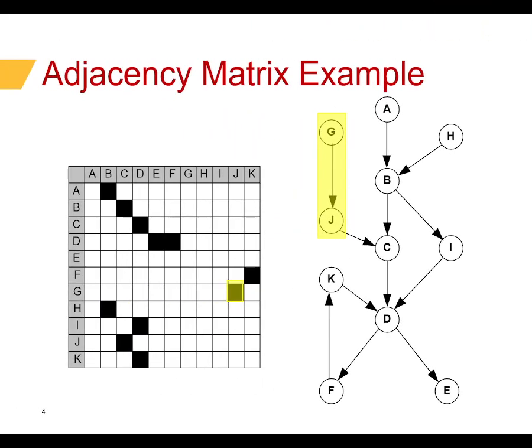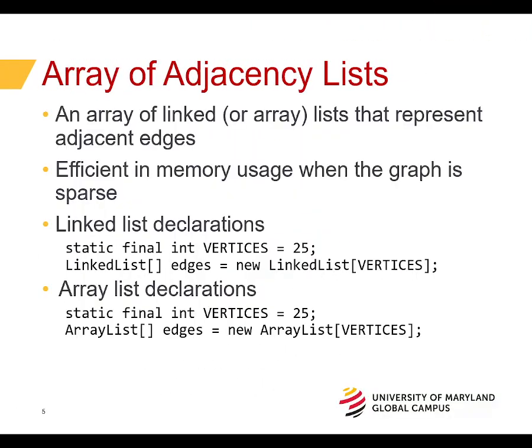Another possible representation is to use an array of adjacency lists. The adjacency list could be either array lists or linked lists and would contain all vertices adjacent to the vertex that corresponds to the array element.